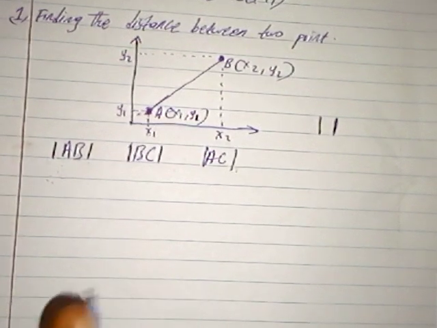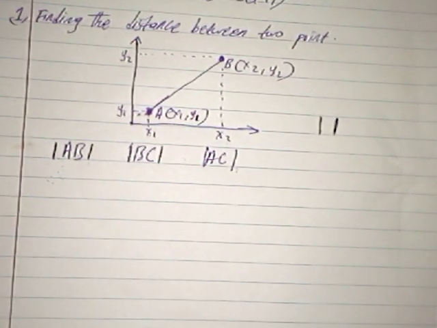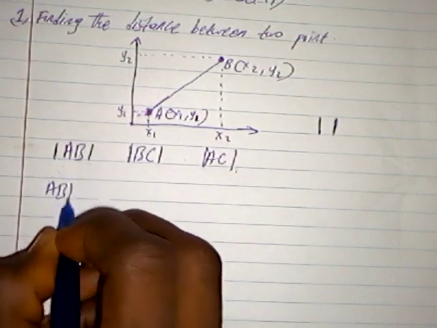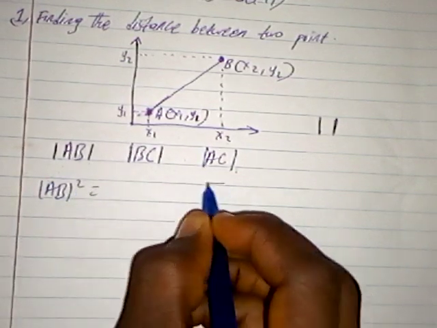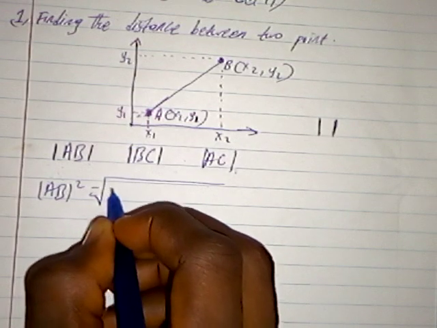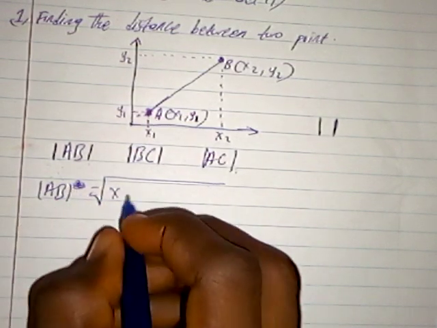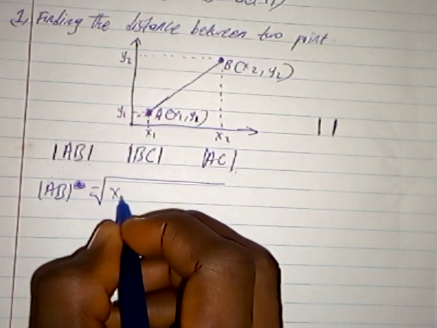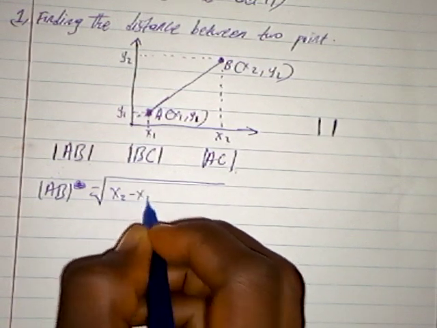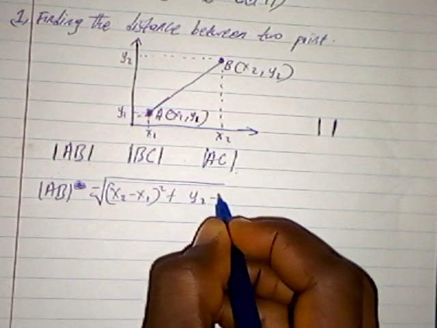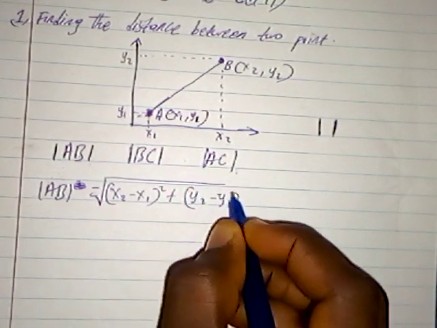Now let's see the formula. Of course, initially we derive the formula, which is: AB is equal to the square root of (x2 minus x1) squared plus (y2 minus y1) squared.